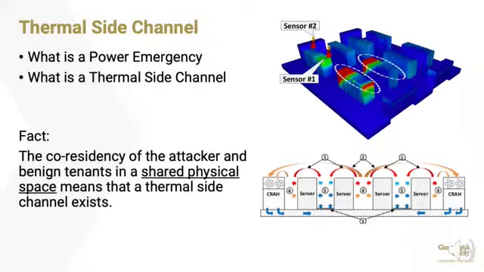So the heat traveling outside of a server's area is a thermal side channel. That side channel is what an attacker can exploit to estimate the power of the nearby tenants sharing the same power infrastructure. The layout in blue is a good illustration of how that heat travels, right?